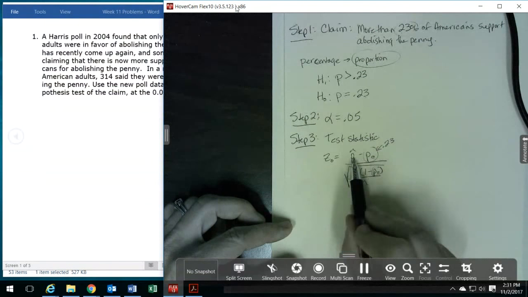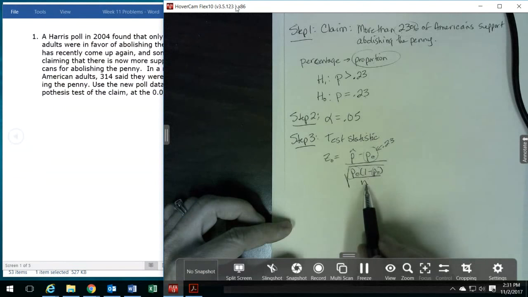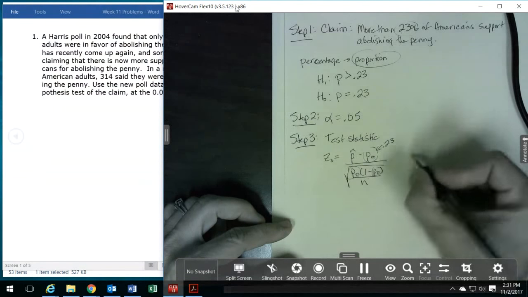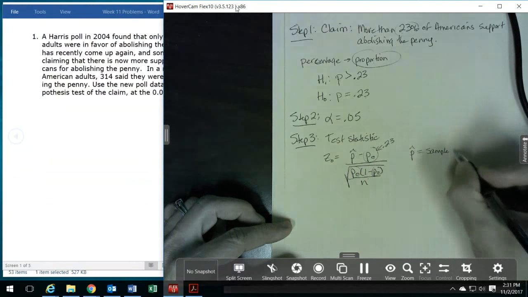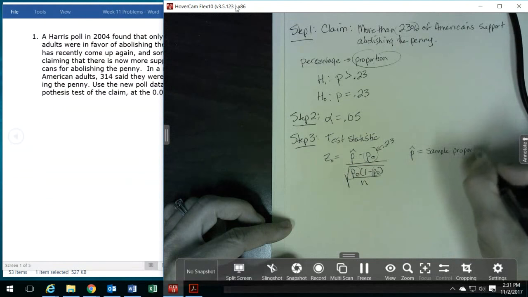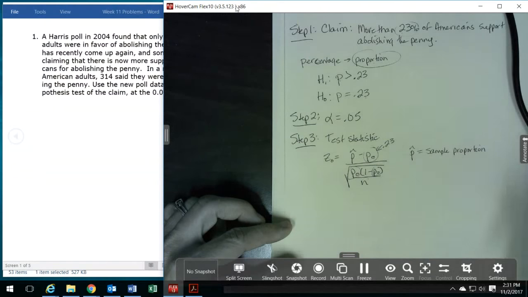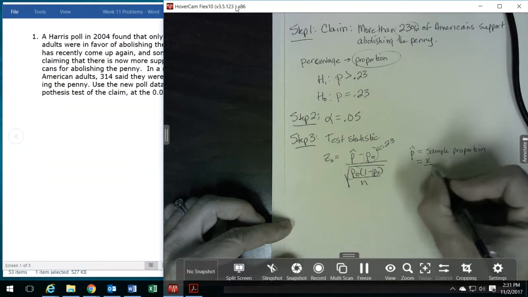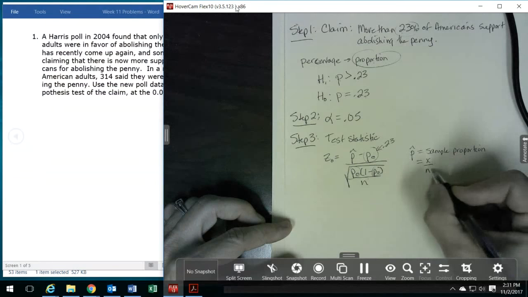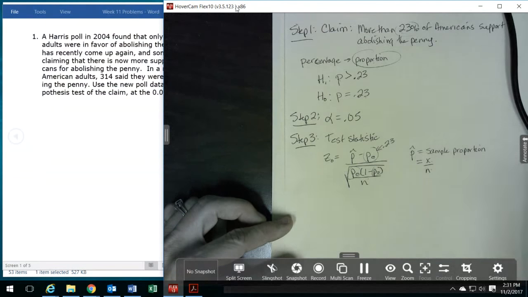Then anything that doesn't have a 0 has to come from your sample data. So the P hat is the sample proportion. And if they gave you a percentage or a proportion in the problem, then you already have that. Otherwise, you have to calculate it. So it would be the number of successes over the number of trials.